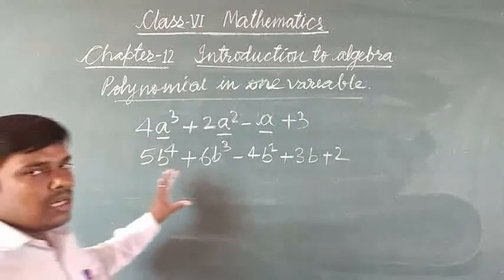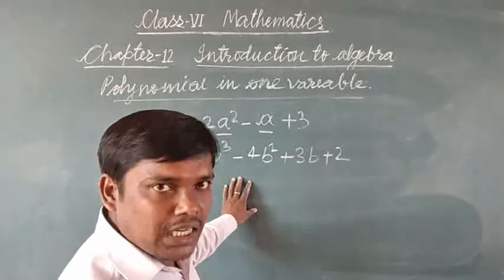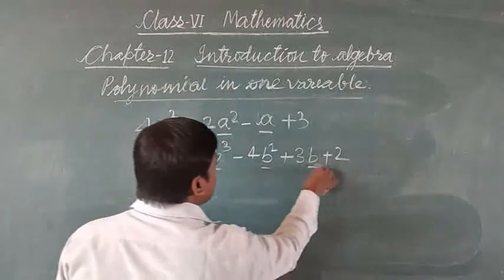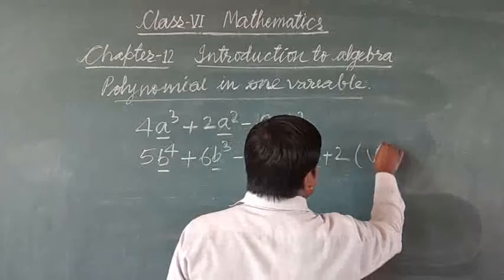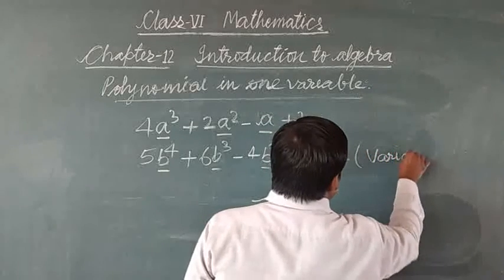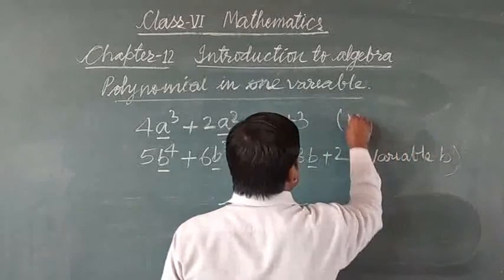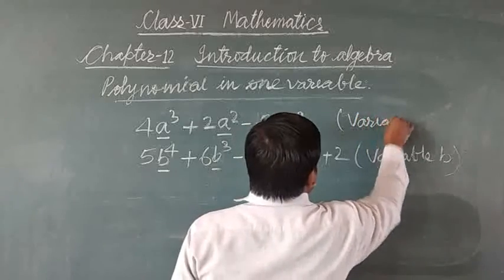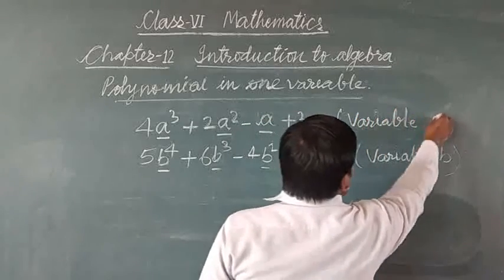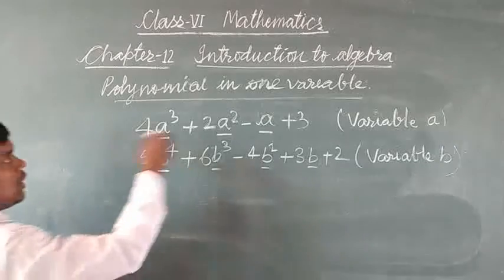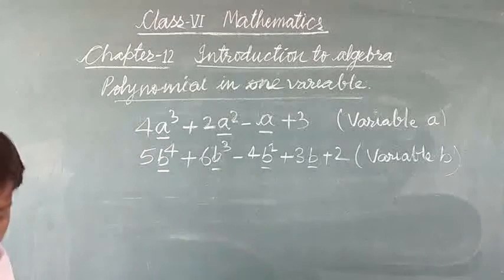This is also a polynomial in one variable because we have the variable b here. In this case we have variable b, and in the other case we have variable a.